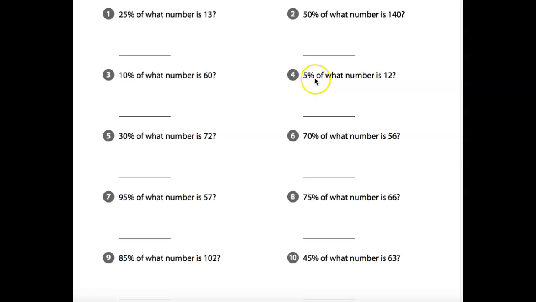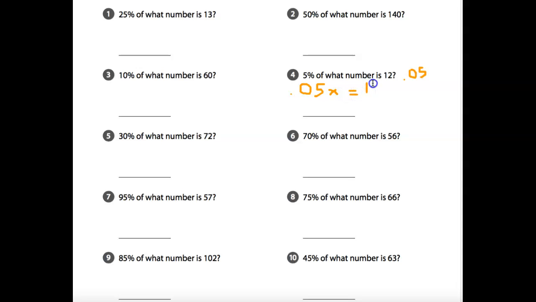Okay, 5%. Be careful, 5% is 5 hundredths. So in order to write 5 hundredths as a decimal, it's 0.05, not 50. This is 5%. So we're going to do 5% times a number equals 12.